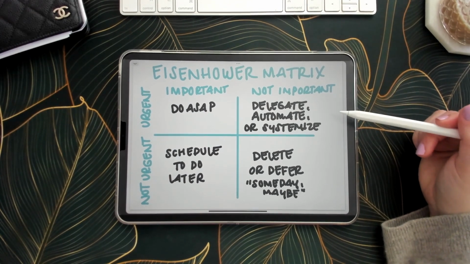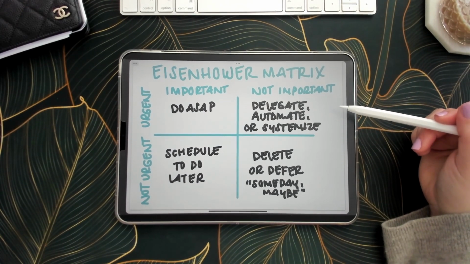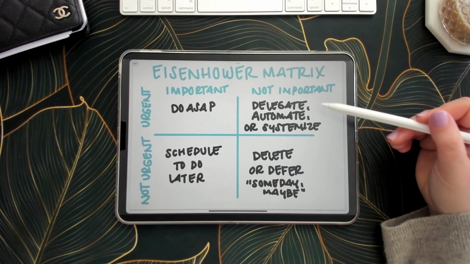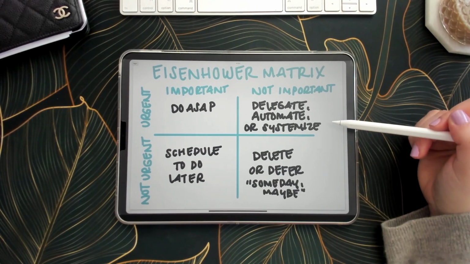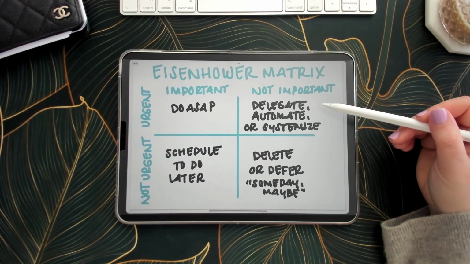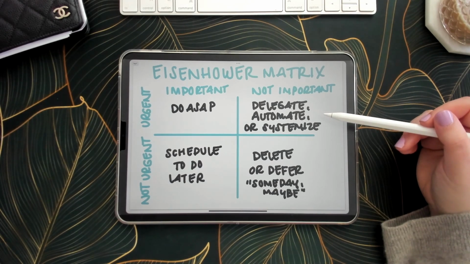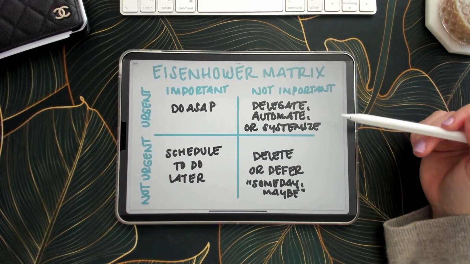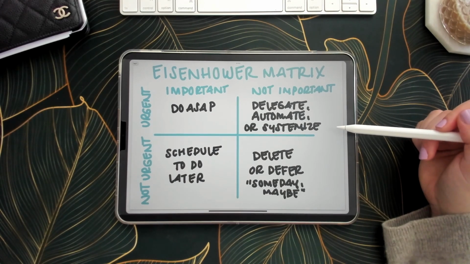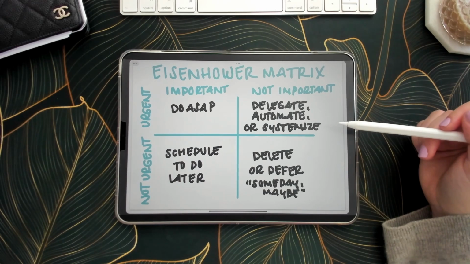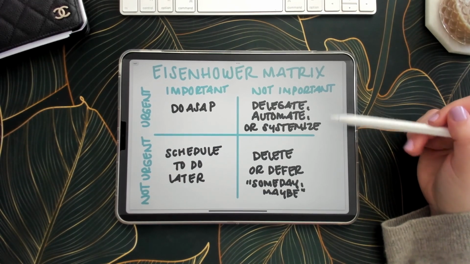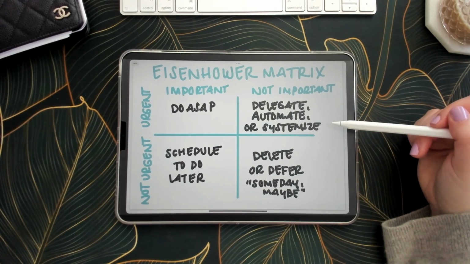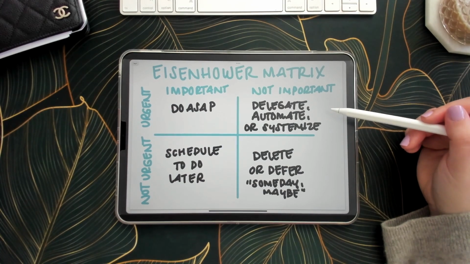And so for me, the way I handle urgent and not important tasks is I either delegate, automate, or systemize, okay? So you can delegate them to someone else. You can find a way to automate them, right? Perhaps with some sort of program or process, or you can create a system to be able to handle them on a specific basis, right? Anything that makes it simpler for you to get these done and minimizes the effort is what you're going to want to do with these tasks.